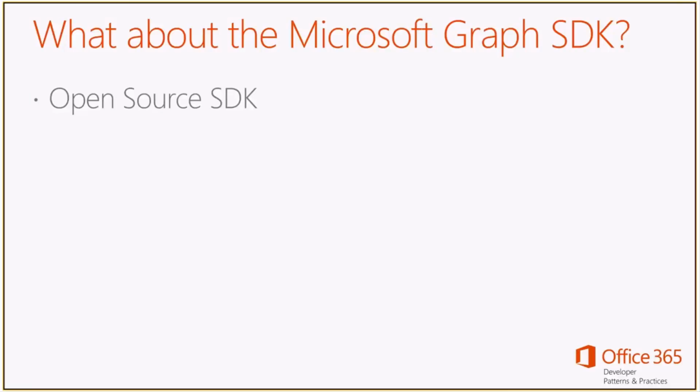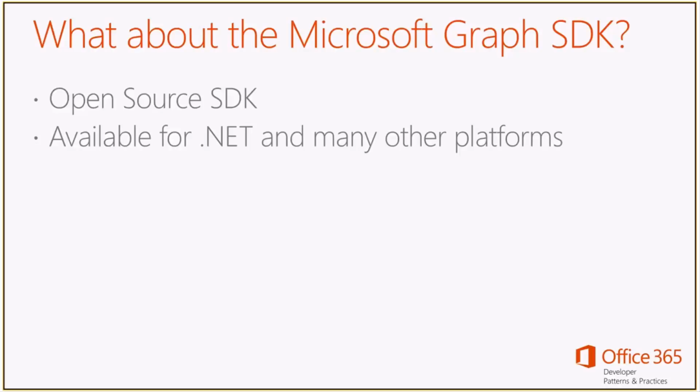In fact, the Graph SDK is available on GitHub on a dedicated repository in which you can find all of the source code so that you can understand how it works, and you can eventually use it and extend it if you like. You will just need to fork it on your own environment. There is a .NET version of the SDK which will be our focus today, but as we already saw on the graph.microsoft.io website, there are many other platforms covered.